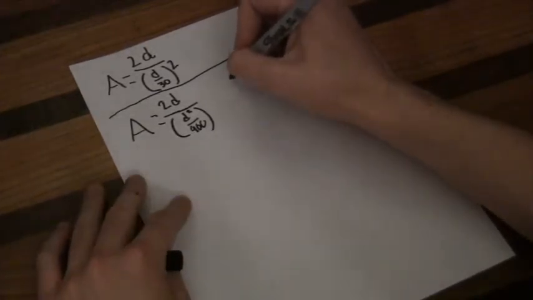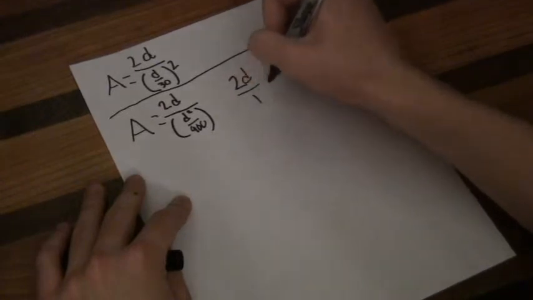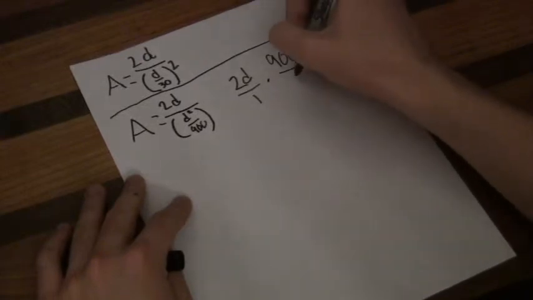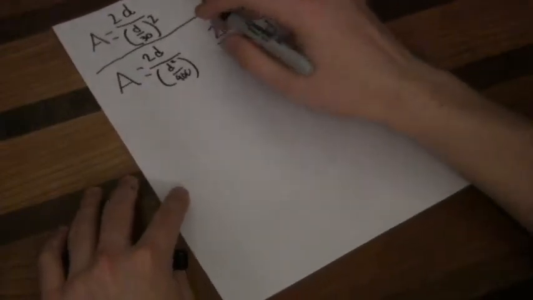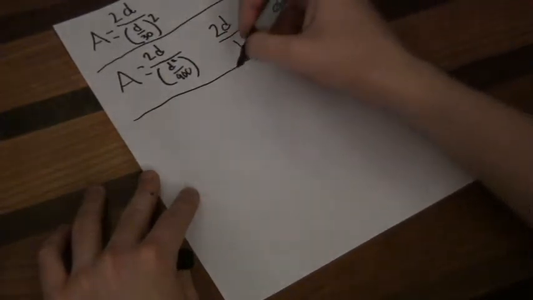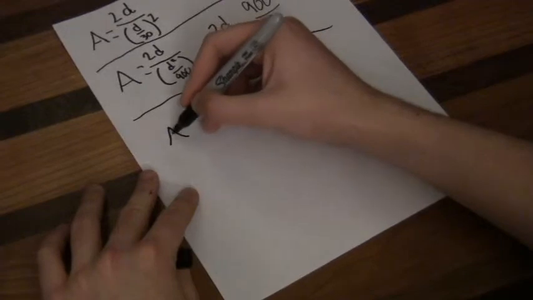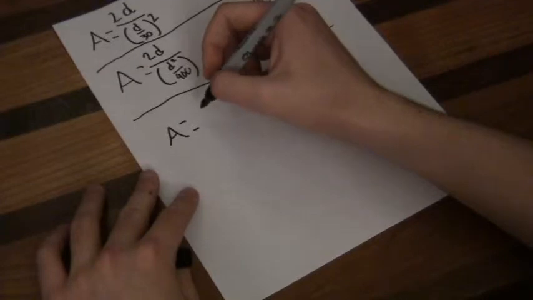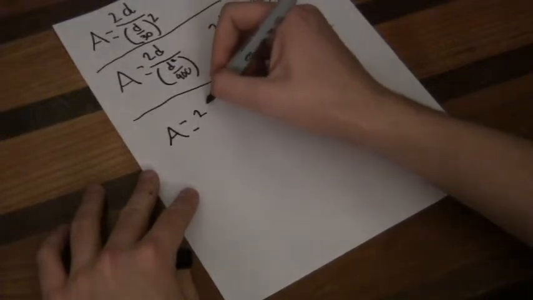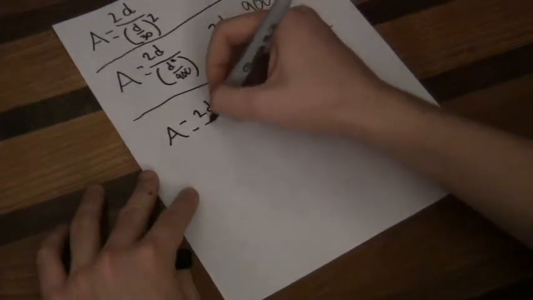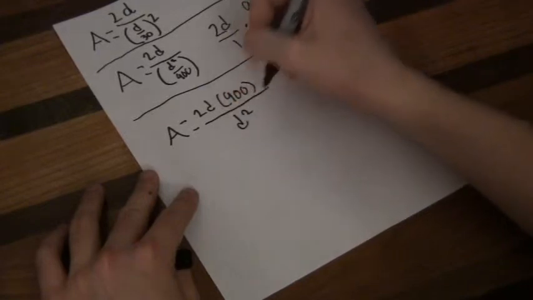So it's the same thing as 2d over 1 multiplied by 900 divided by d squared, which leaves us with 2d times the 900 over d squared.